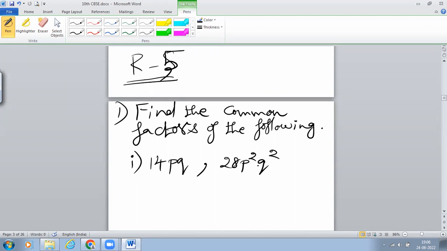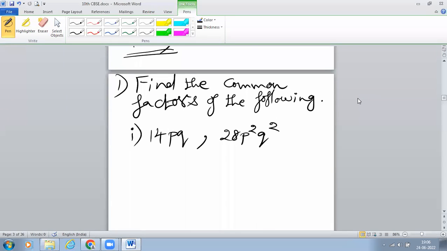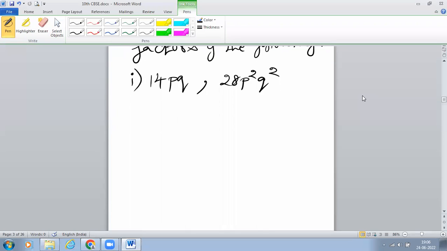Now, for these two expressions, we have to find the common factors. Before doing this sum, I will explain what is called a common factor. Listen very carefully. This is very, very important, as well as a very basic sum. I will use another color pen for explaining this.